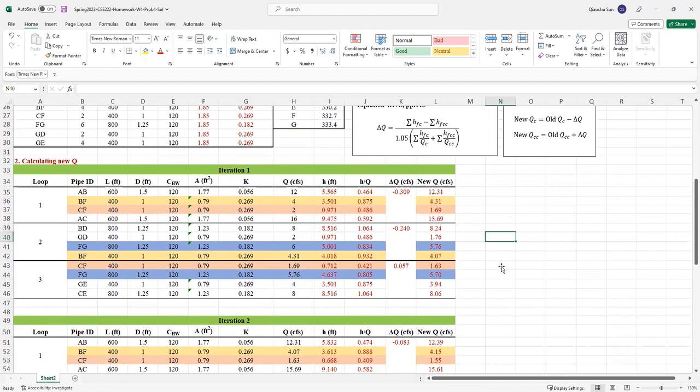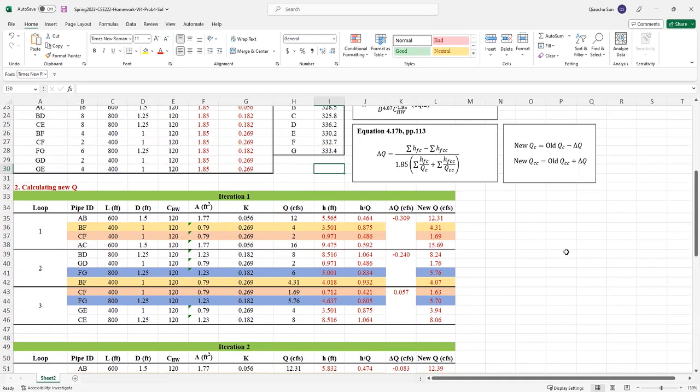It is because in this problem, I followed the format provided by the template posted on the course site. The difference is that in this table, I did not separate the pipes based on their direction. So we need to pay more attention to the calculation.